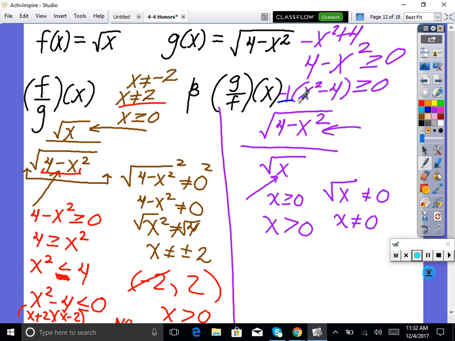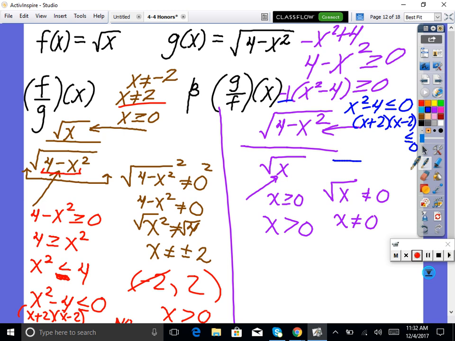Well, let's see. Actually, wouldn't we technically divide both sides by -1? So you got to flip the inequality. So we have x squared minus 4 is less than or equal to 0 again. So this factors to be x plus 2, x minus 2, same idea, is less than or equal to 0.